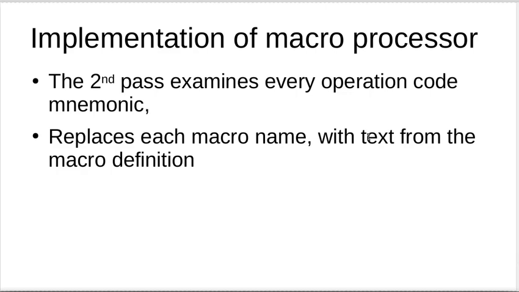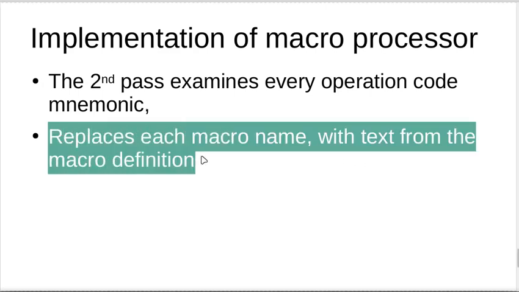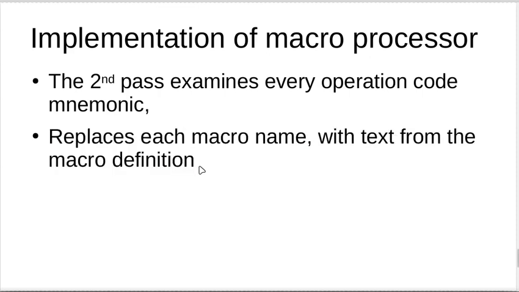Every operation code is examined, and wherever we find a macro name, that is, wherever we see a macro call statement, we replace that part with text belonging to the macro definition. This is how we have been going through each of the examples during our lectures on this module. The same thing is done by a macro processor.